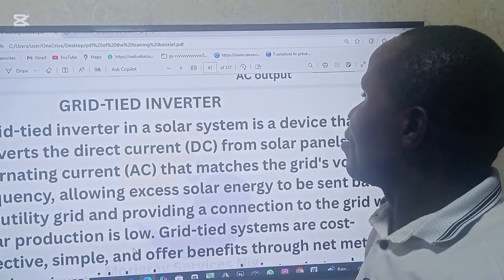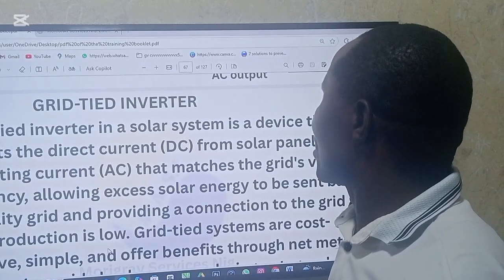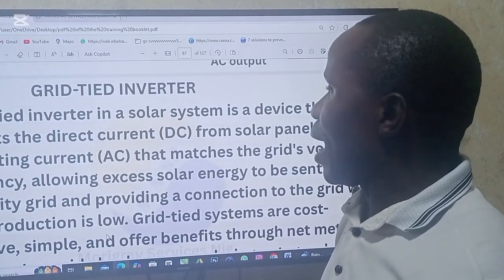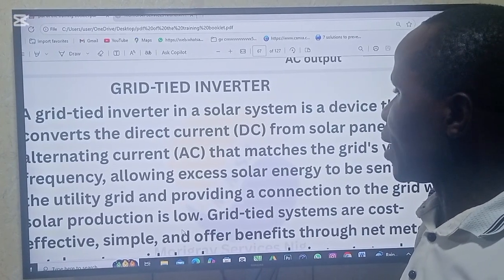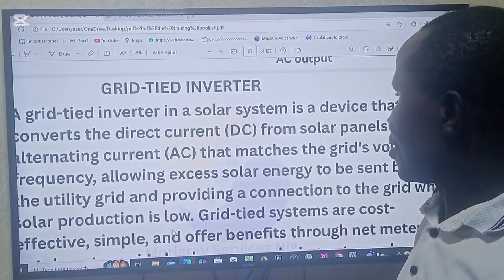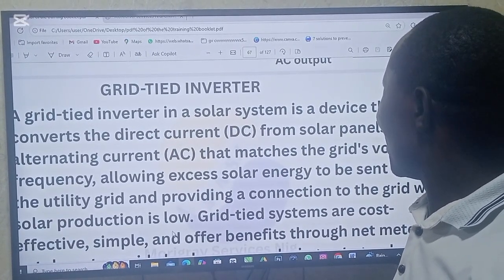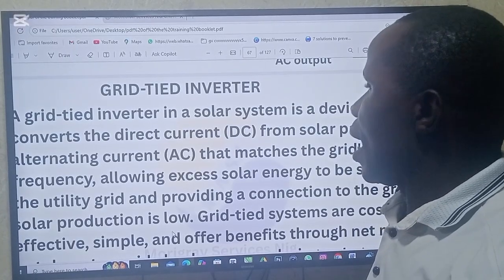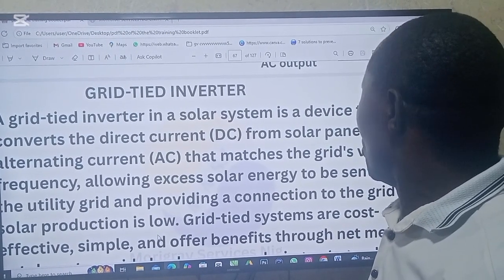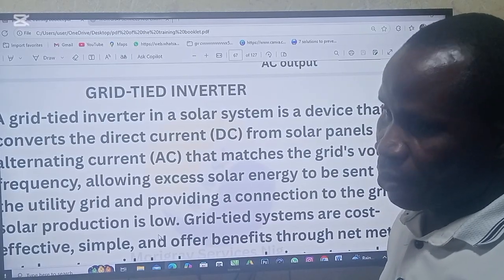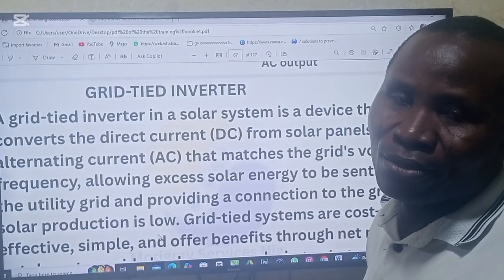A grid-tied inverter in a solar system is a device that converts the direct current (DC) from solar panels into alternating current (AC) that matches the grid voltage and frequency, allowing excess solar energy to be sent back to the national grid.